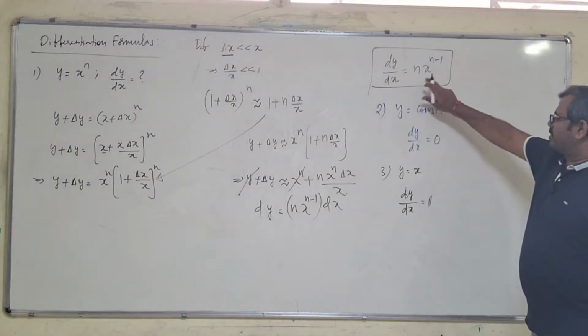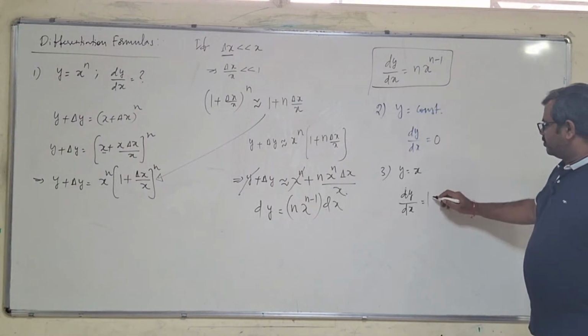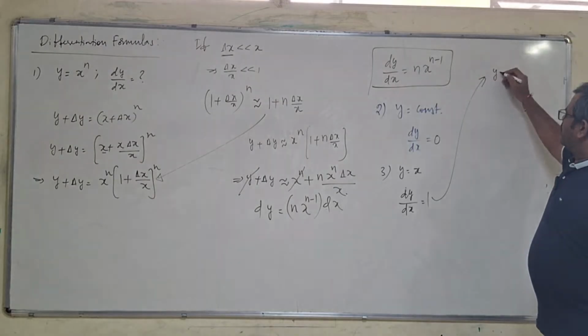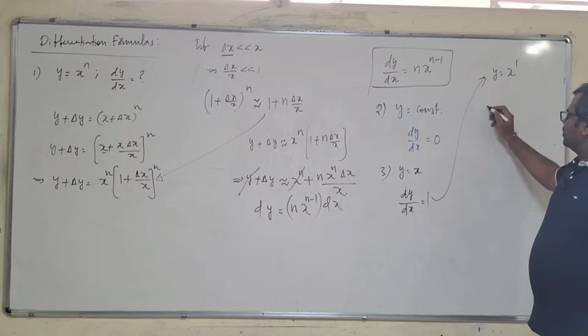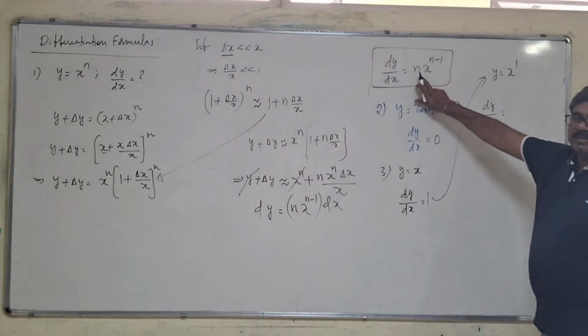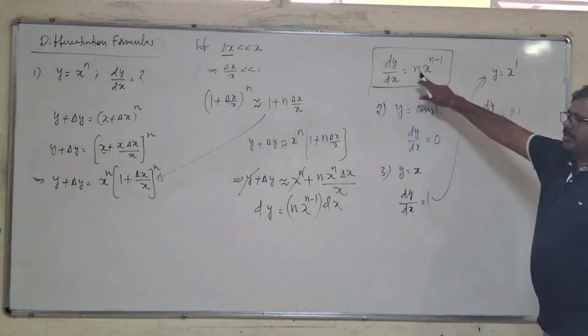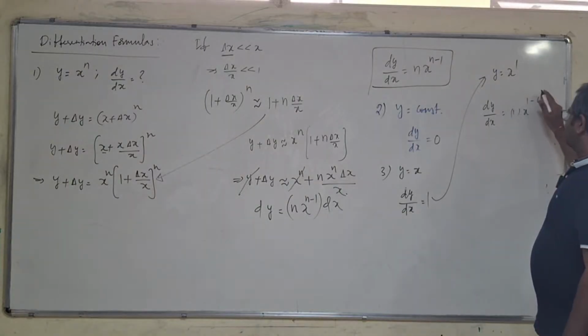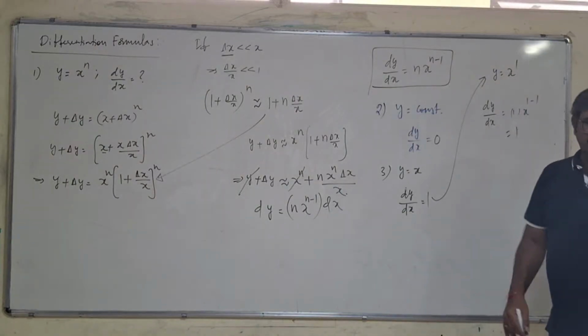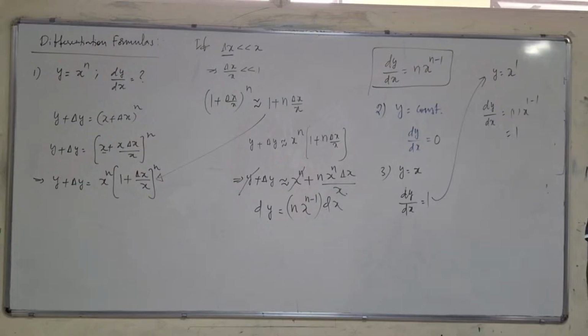Or you can apply this formula. To answer this question, y is equal to x means y is equal to x power 1. So dy by dx is equal to, apply this formula. What do we have in place of n? 1. So 1 into x power 1 minus 1. What are we getting? 1. You understand this?